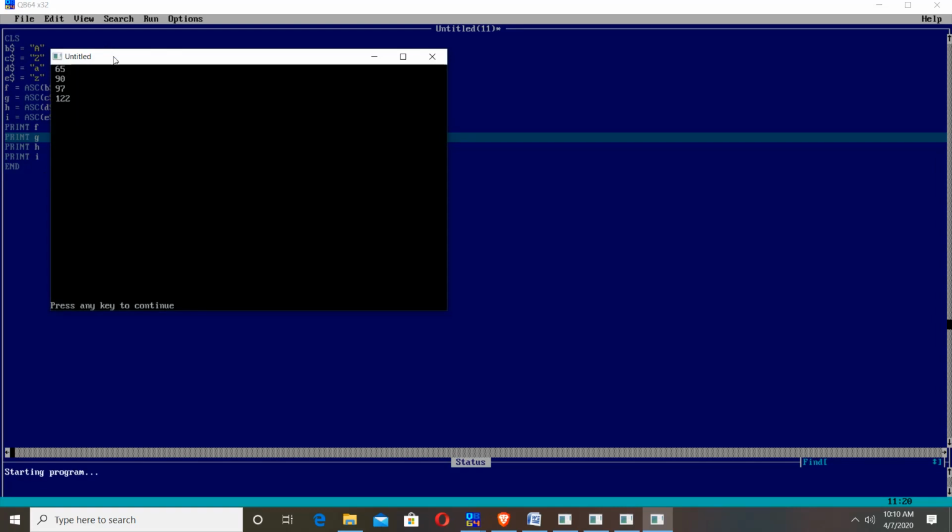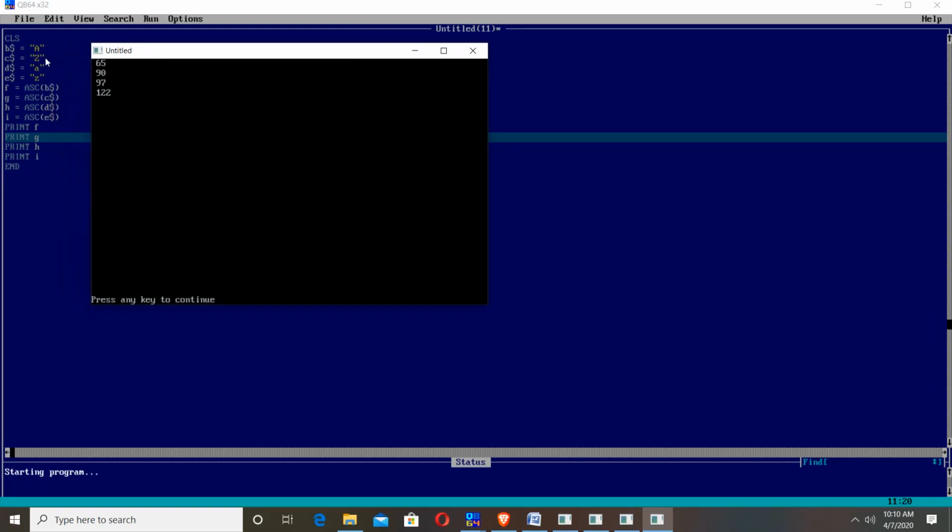So the ASCII value of capital A is 65. Similarly, the ASCII value of capital Z is 90. After that, the ASCII value of small a is 97 and the ASCII value of small z is 122. So the ASC function is used to convert the given character into what? Its respective ASCII value.